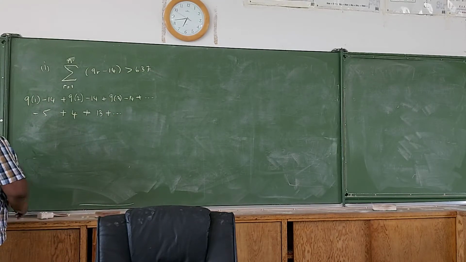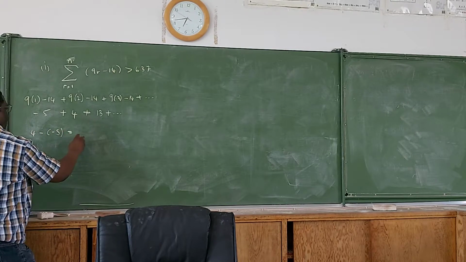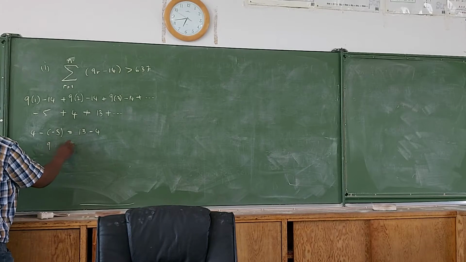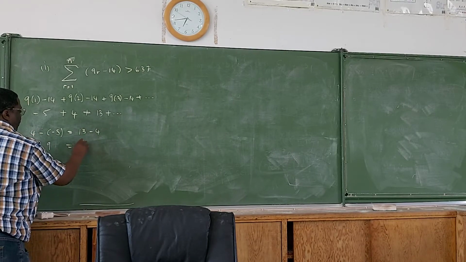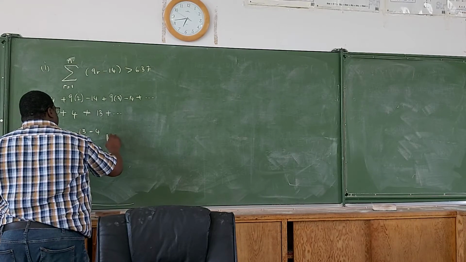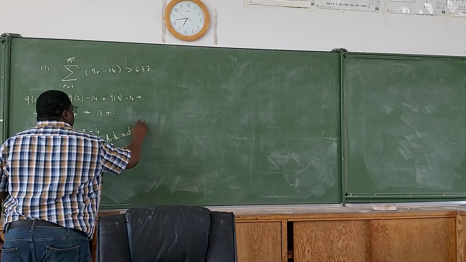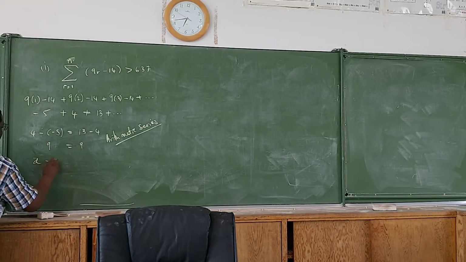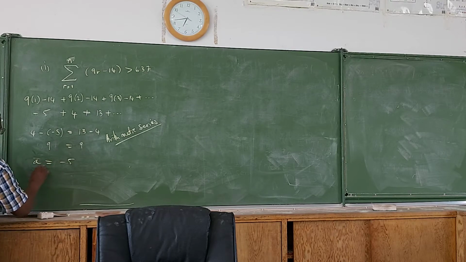Is this an AP or a GP? Let's see. 4 minus negative 5 is the same as 13 minus 4. Well, this is 9, right? So we are dealing here with what? Arithmetic series. The first term is minus 5, the common difference is 9.